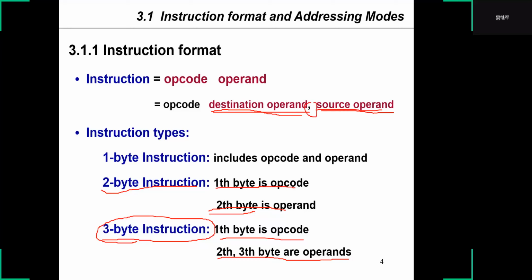But Laoshi, here is a 2-byte instruction. The first one is the opcode and the second one is the operand. What kind of operand is that, destination or source?